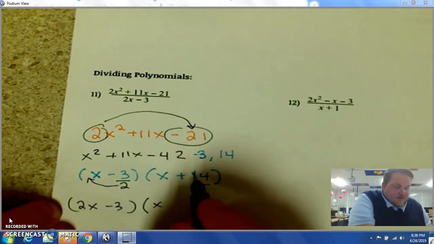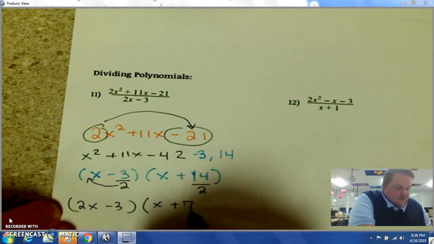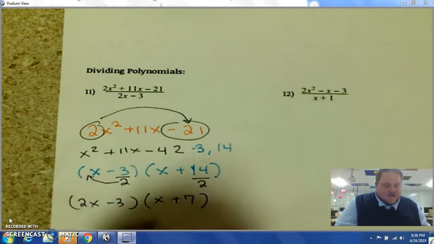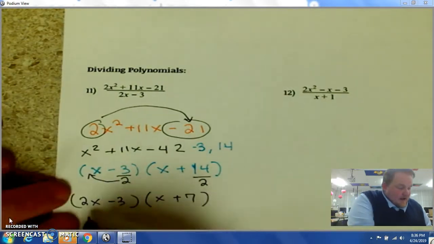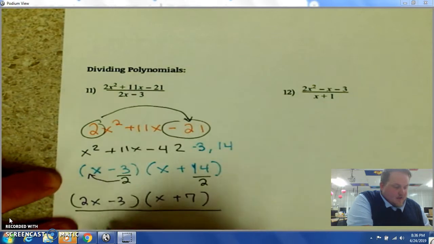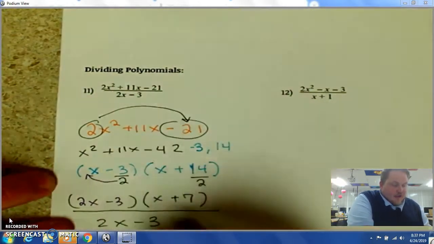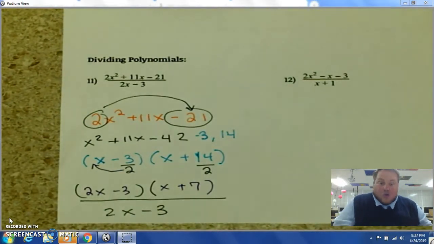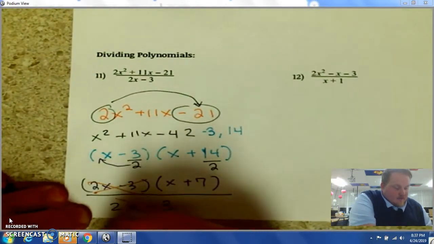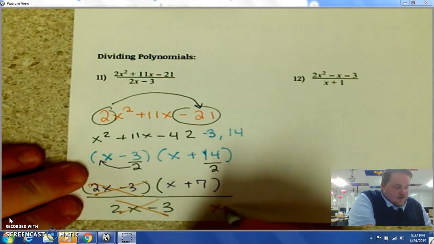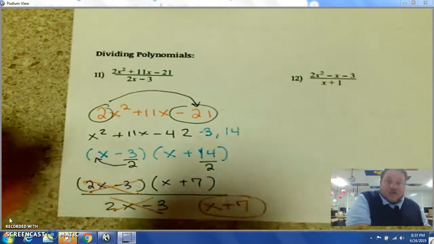Then x plus 14 divided by 2 is 7. And so we have this all being divided by, keep in mind, that 2x minus 3 at the top. We did all that to just factor that out. And lo and behold, these 2 cancel out. So your answer is x plus 7 when you divide that out.